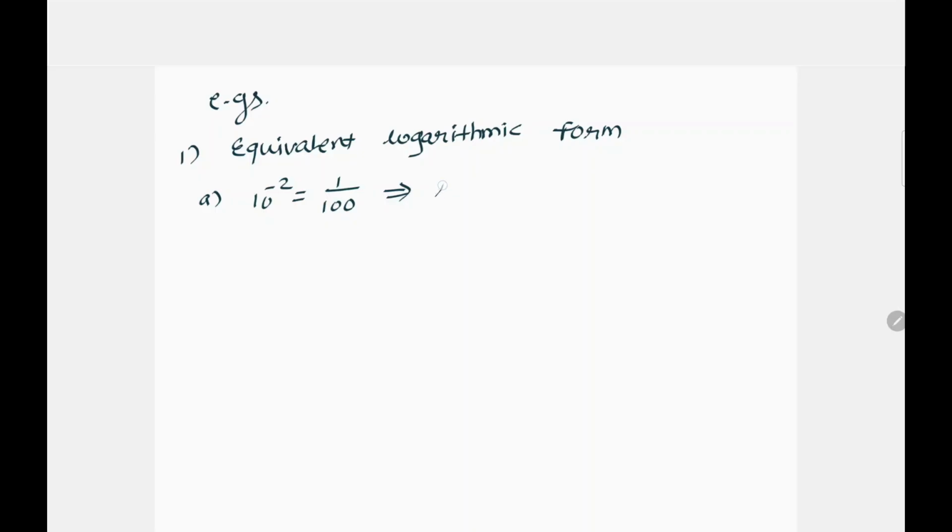So what will be its logarithmic form? Log 1 upon 100 to the base 10 is equal to minus 2. Second, 2 raised to 5 is equal to 32. So, log 32 to the base 2 is equal to 5.